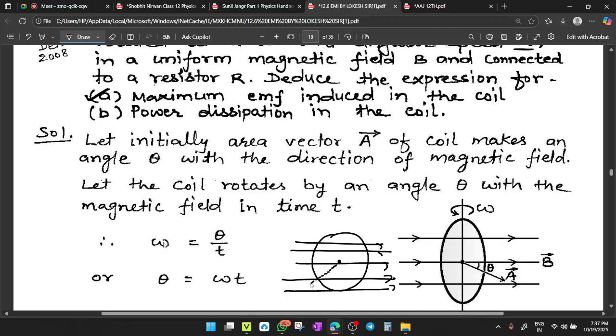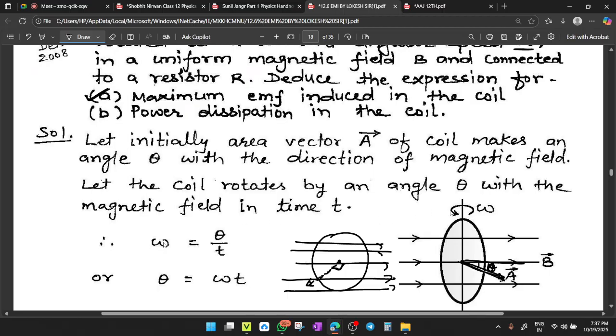Area vector is just pointing towards your nose, so the first angle is 90 degrees. Now slowly when it moves, you check, the angle is decreasing, and if this coil is here at some place, then the area vector will make an angle theta with the magnetic field, right?